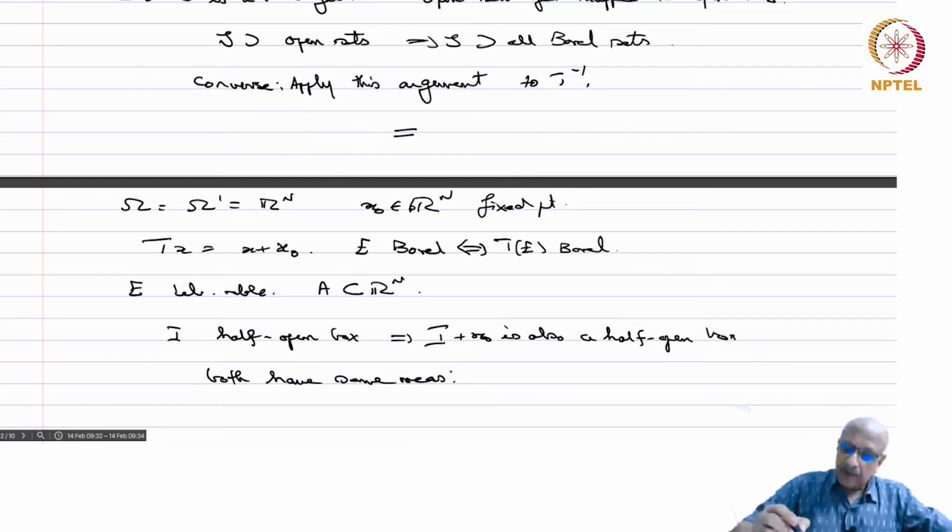Okay, so from the definition, how is mu star defined? Mu star is the infimum of all sums of mu of E_i, where E_i are boxes. So therefore by definition mu star of any set E is the same as mu star of TE for all E contained in Rn.